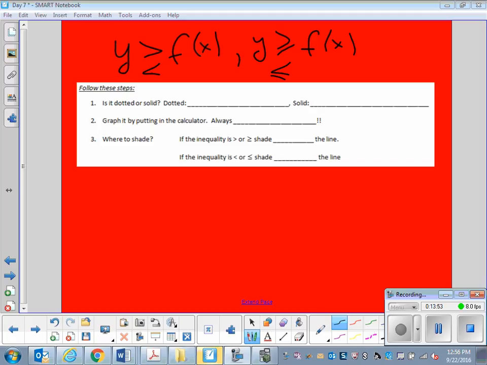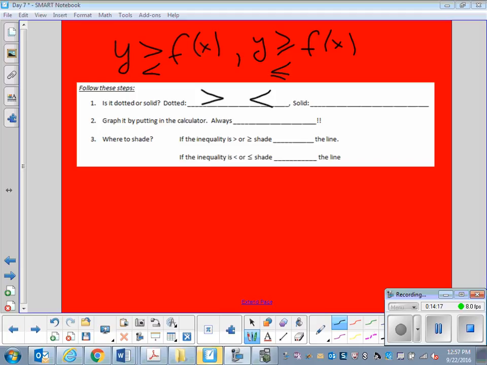Whenever I have an inequality like this and I need to graph it, I first need to decide whether or not I will use a dotted or solid line. So when do I use dotted? It's when I have either that or that, right? Less than or more than.